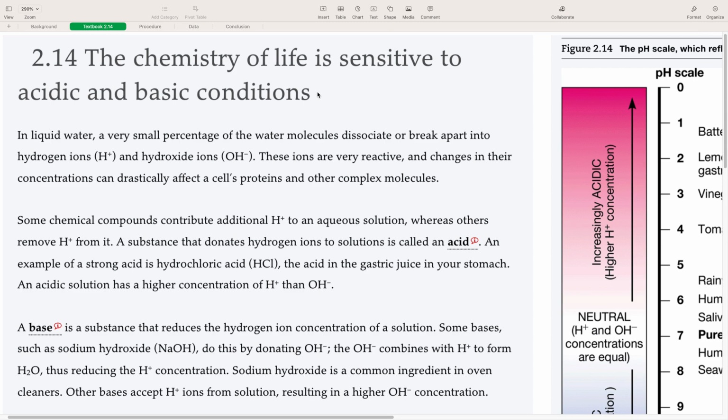How many hydrogens? 2. I could have written it H2O, but I said HOH. Same thing. So water breaks apart. This one becomes H plus. This one becomes OH minus.